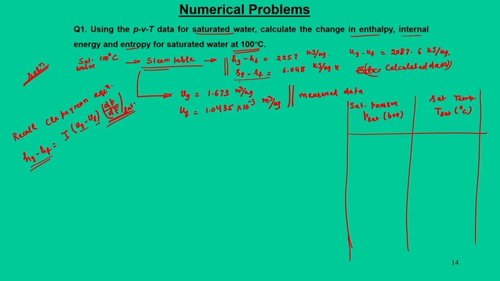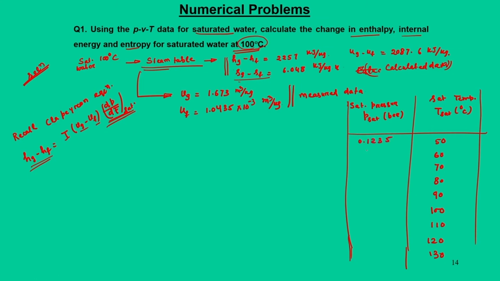Since we require it at 100 degree centigrade, let us start from 50, 60, 70, 80, 90, 100, 110, 120, 130. I think this should be sufficient to get a set of data, and the corresponding pressure values we can note down again by referring to the steam table.